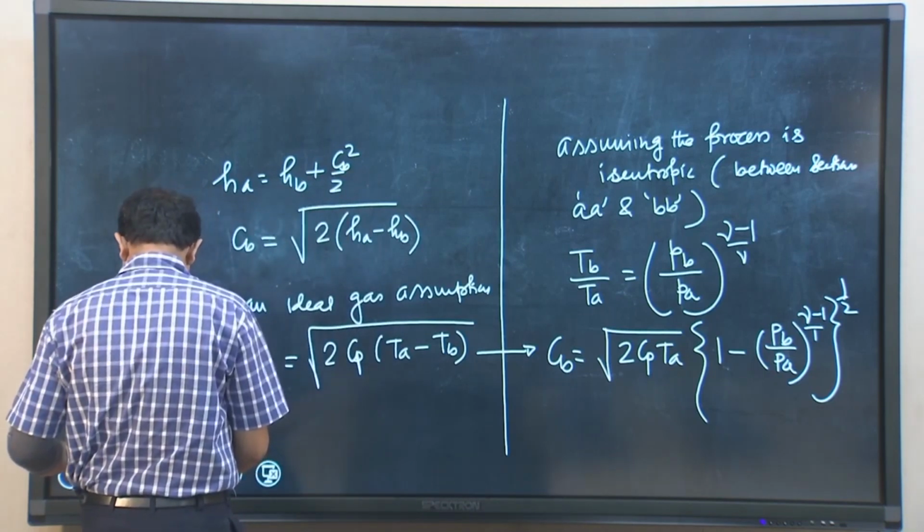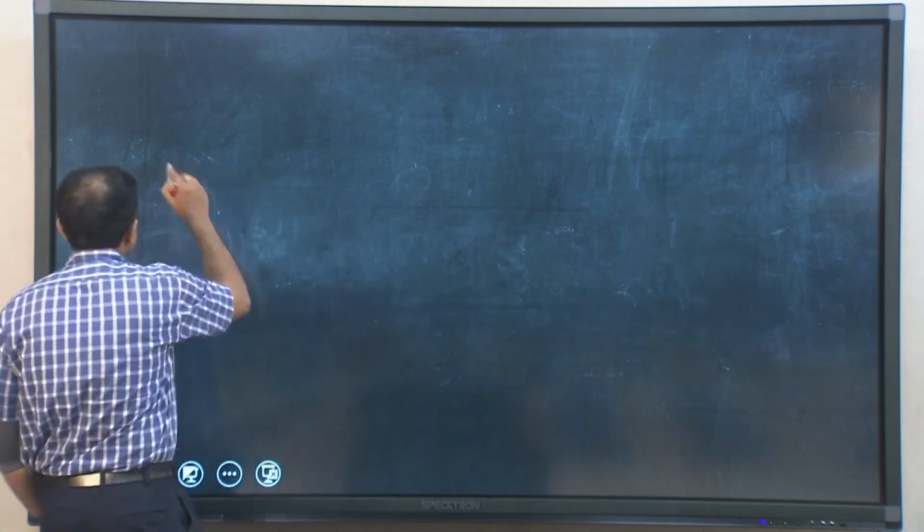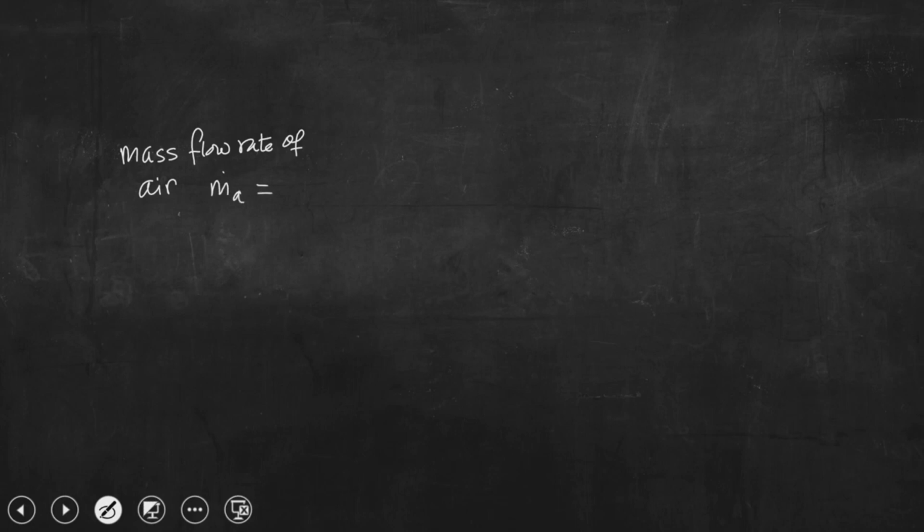Okay, then what would be the mass flow rate? So, mass flow rate of air, m dot A, because we need to calculate the mass flow rate of air. This A stands for air, I am writing AIR, and that is at section BB.